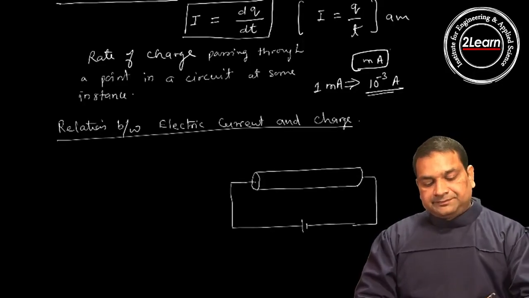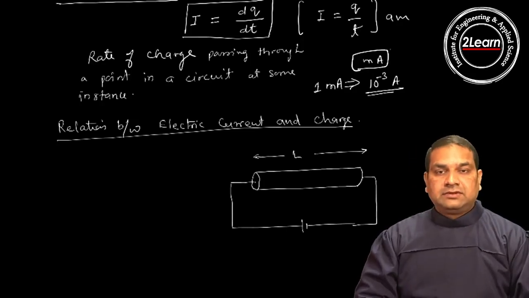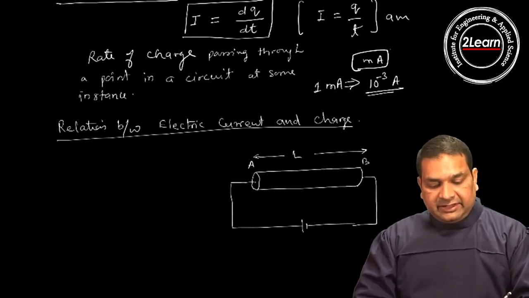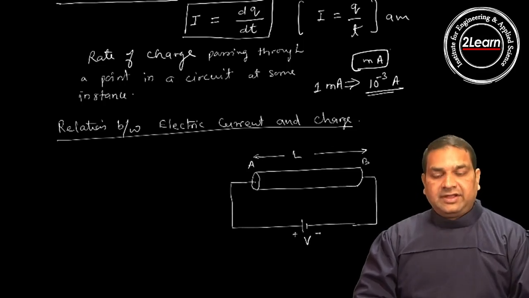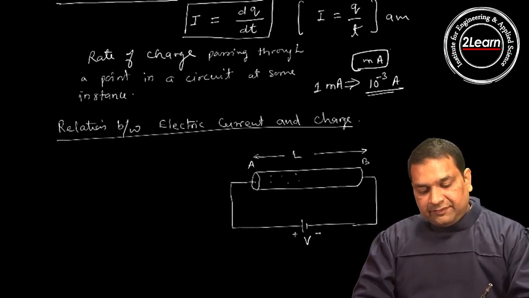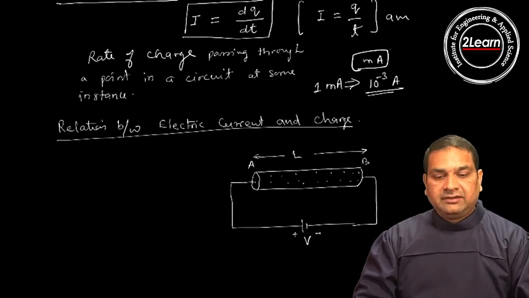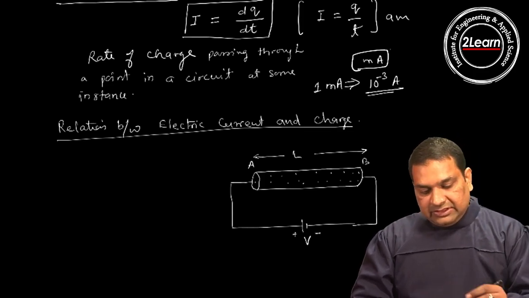Consider a conductor of length L, and the ends of the conductor are connected to a battery of voltage V. This conductor consists of atoms made of protons and electrons, so there are a number of electrons in this material.